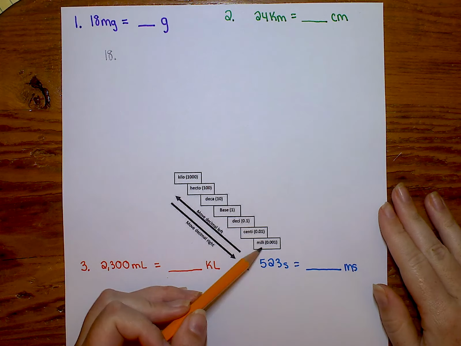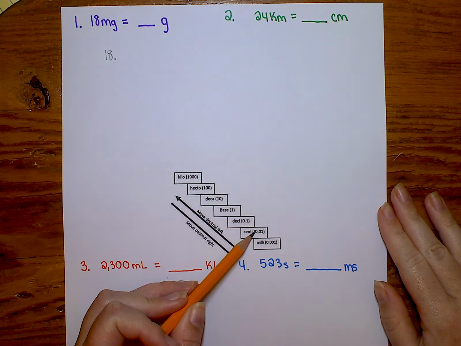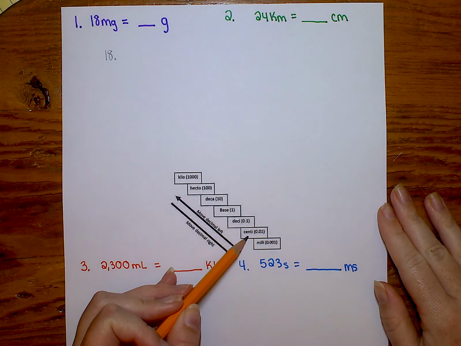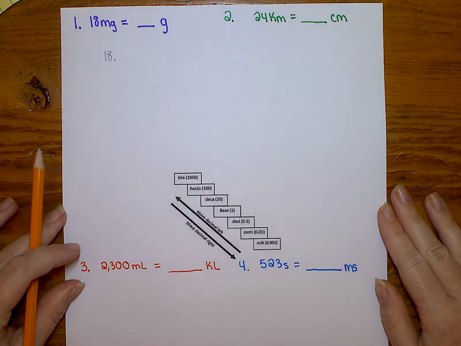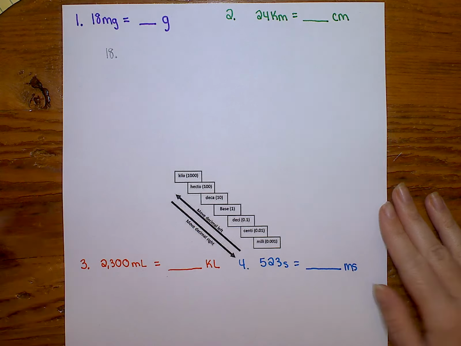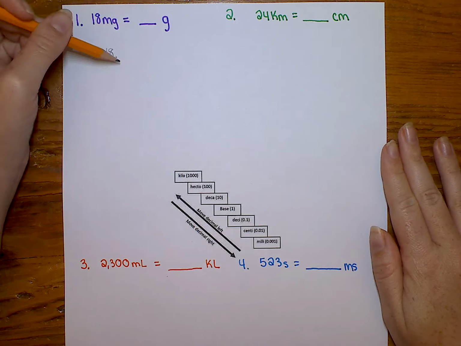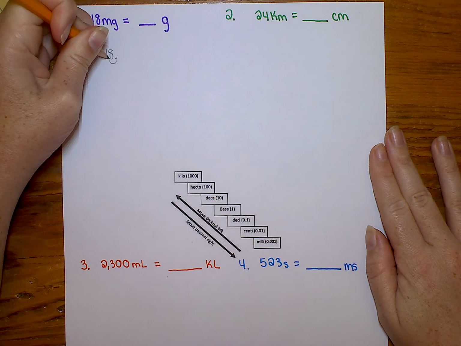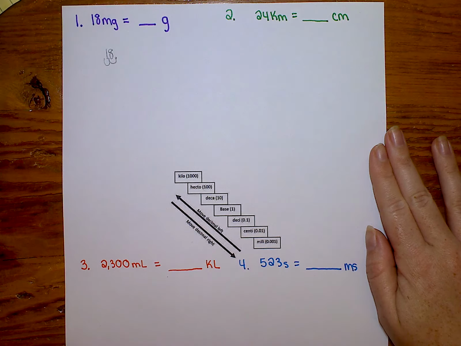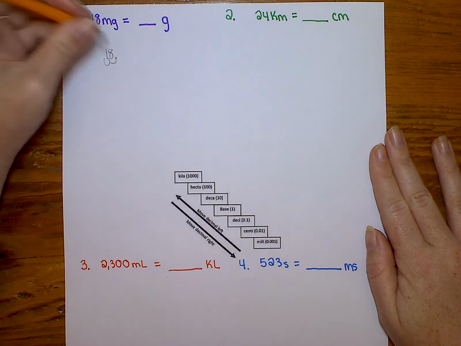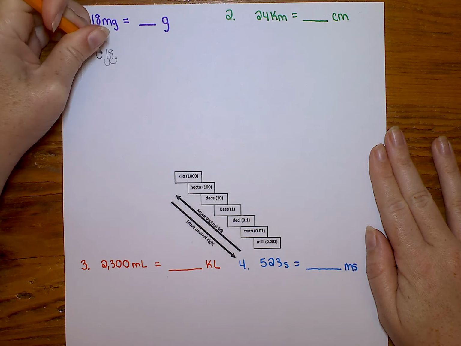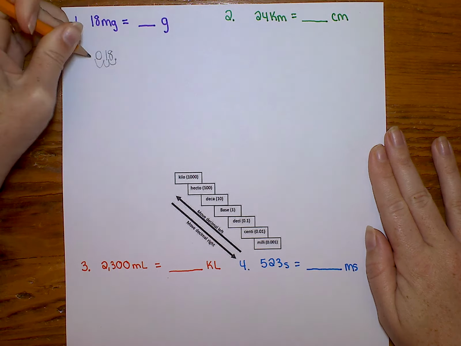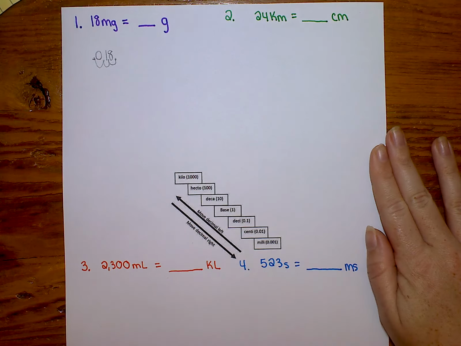We're at milli, and we're going to go 1, 2, 3 to the left to get to grams. So I'm going to start at my decimal point and move 3 to the left. I'm going to go 1. I'm going to go 2. Oh no, I'm running out of numbers. If you run out of numbers, just put a 0. And then I can go 1, 2, 3, and that's where my decimal point is going to end up.